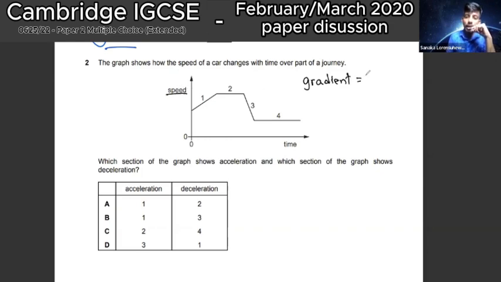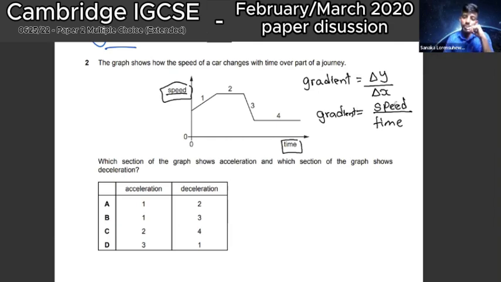So the difference of y is speed, divided by the difference of x, which is time. Gradient equals speed over time, and speed over time is acceleration. So in the speed-time graph, the gradient is equal to the acceleration.